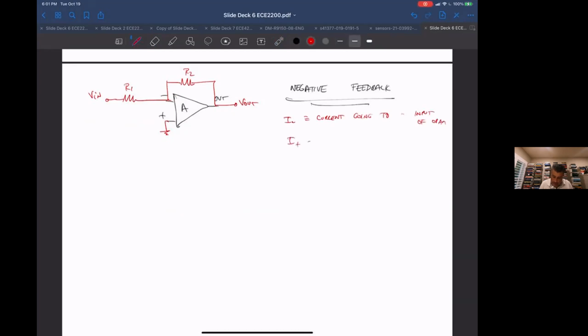And I plus is current going to the positive input of the op amp. I'm going to claim both of these are very small, so they're both approximately equal to 0.